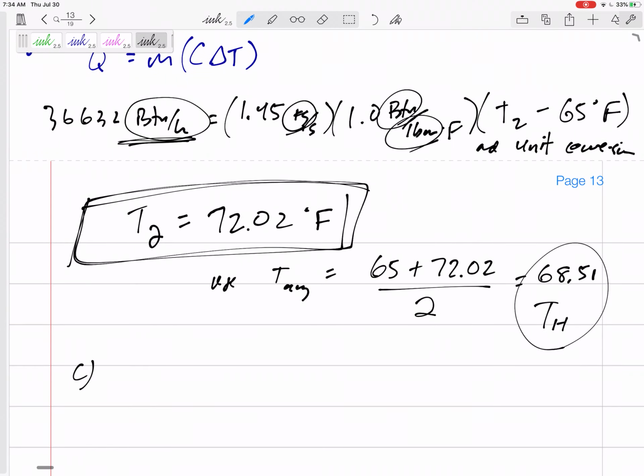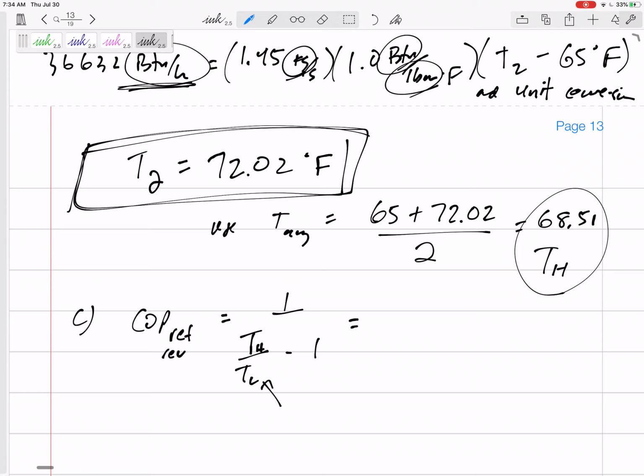So that I can do part C, the coefficient of performance for the refrigerator, if it's reversible, 1 over TH over TL minus 1. So yeah, that was my problem. I know that the TL is 25 degrees, but I would need to change it to absolute, so plus 460.